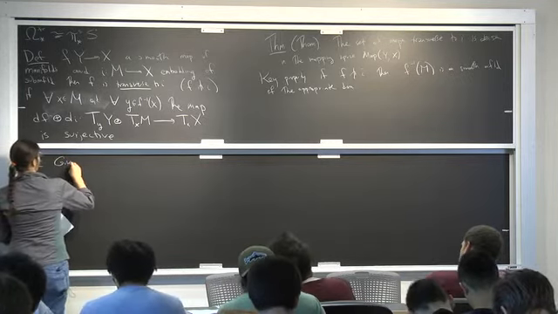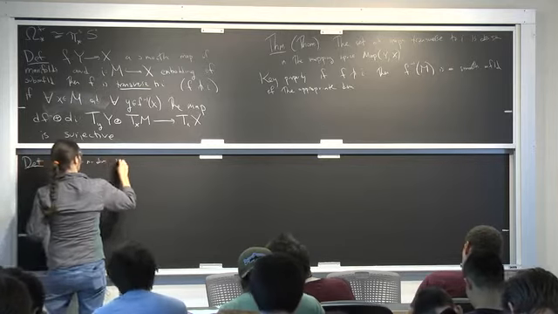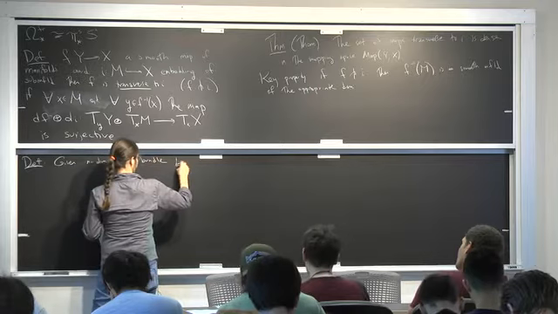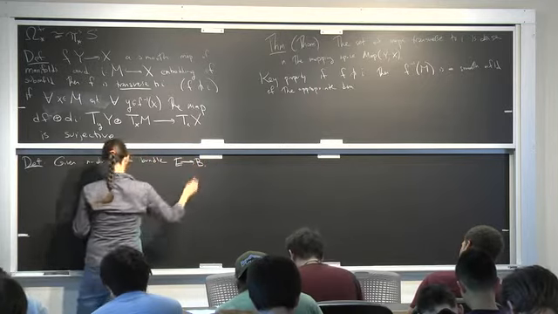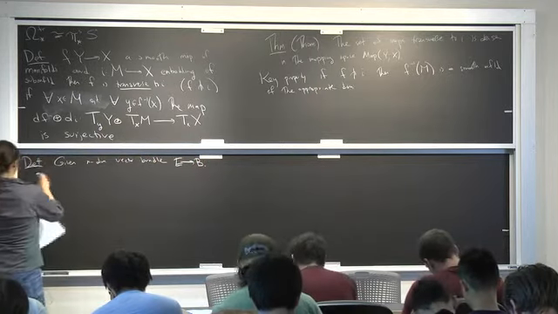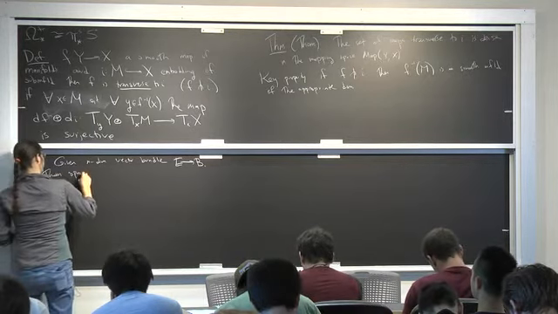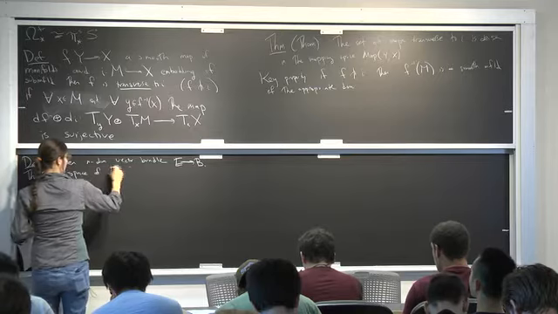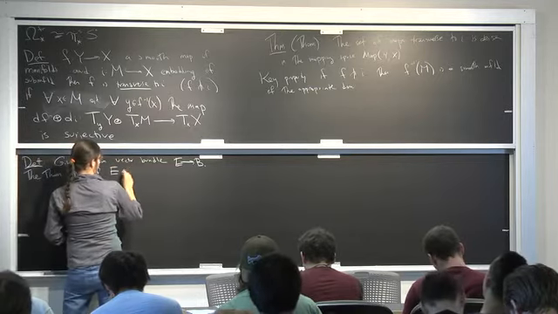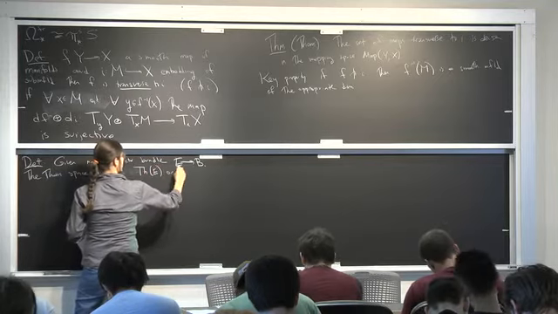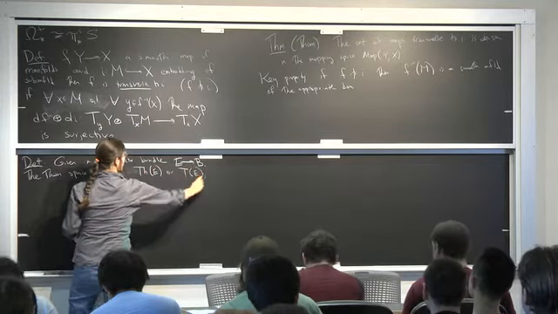So we're given an n-dimensional vector bundle, E over B. And then the Thom space of E is written sometimes like this, and sometimes it's written like this.